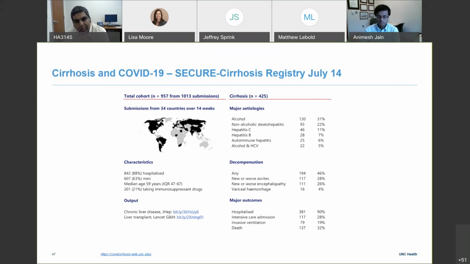So if someone has cirrhosis, they are immunocompromised by definition. If there's any suspicion for COVID-19, it's important to get them tested, and it's important to have early intervention to again try to minimize the complications of decompensation and death.